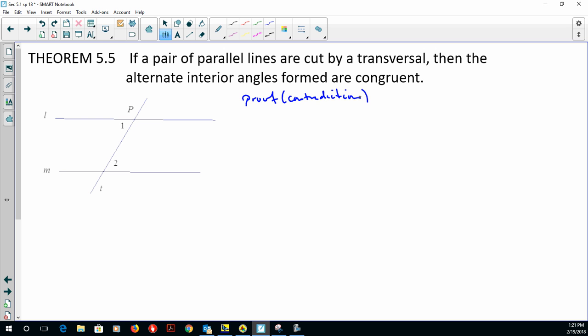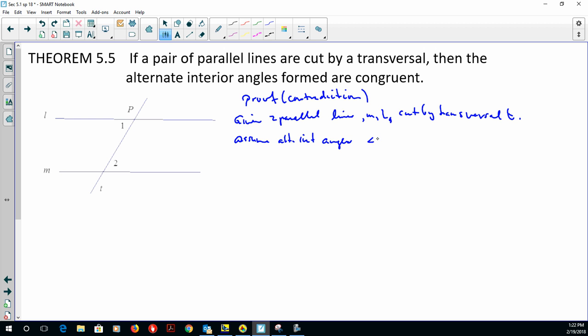So we're given two parallel lines, M and L, cut by transversal T. Okay, and let's assume that the alternate interior angles, that angle 1 is not congruent to angle 2.